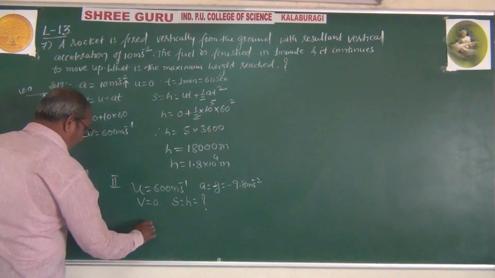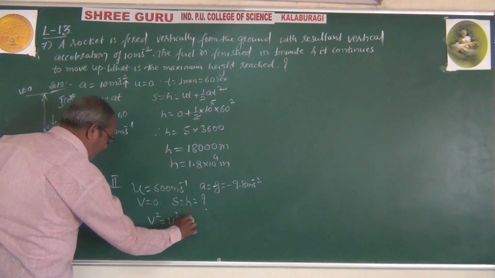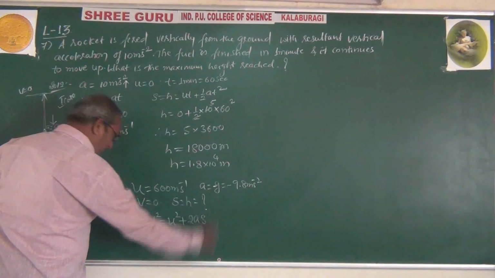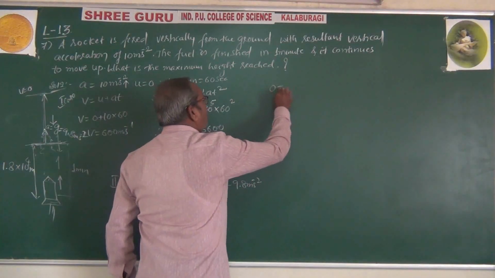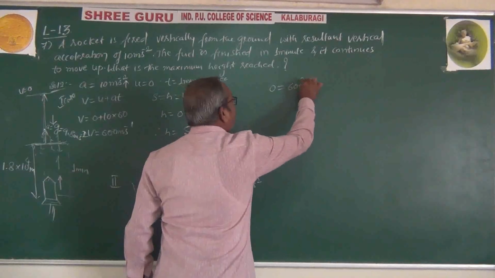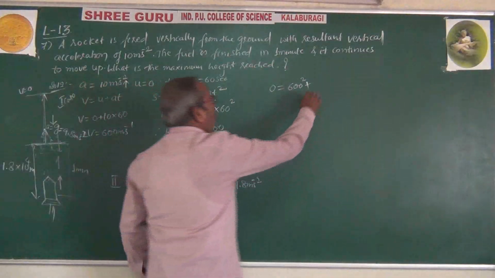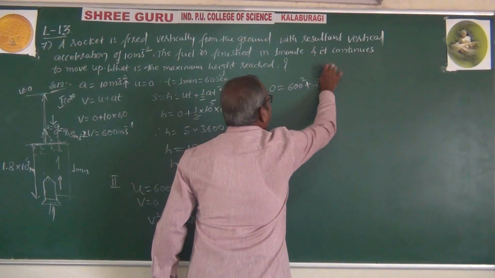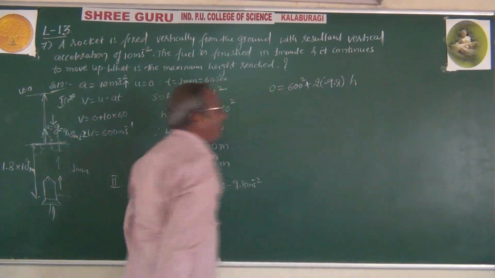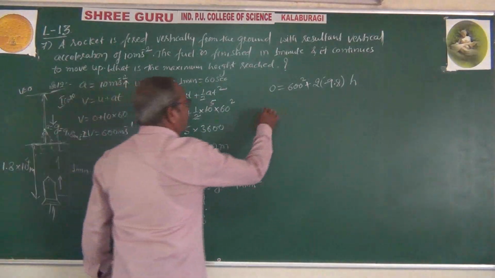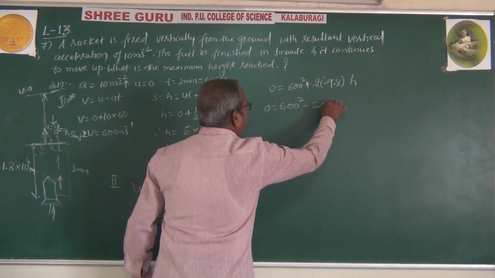Now use the equation v square equal to u square plus 2as. Here v square is 0 equal to u, 600 square, plus 2 into a, which is minus 9.8, into s, that is h. So now this becomes 0 equal to 600 square minus 2 into 9.8.